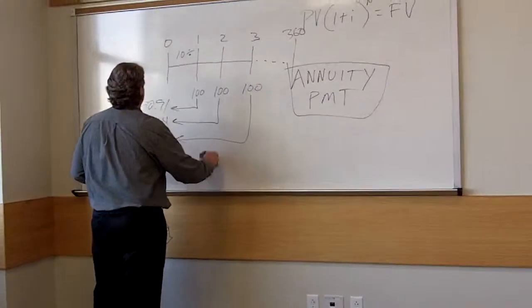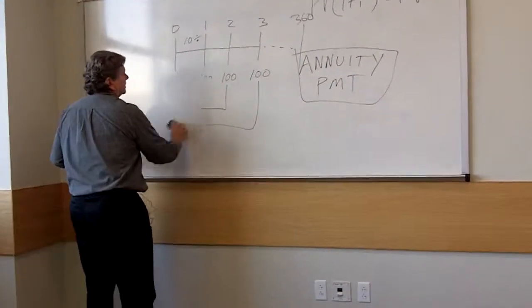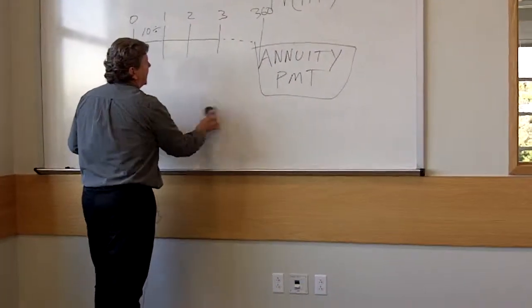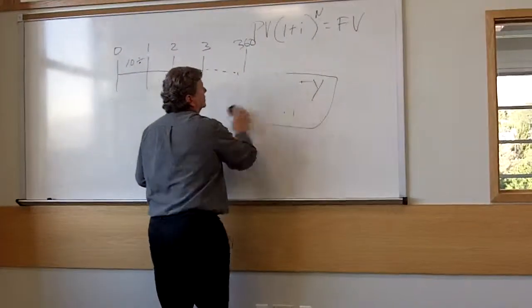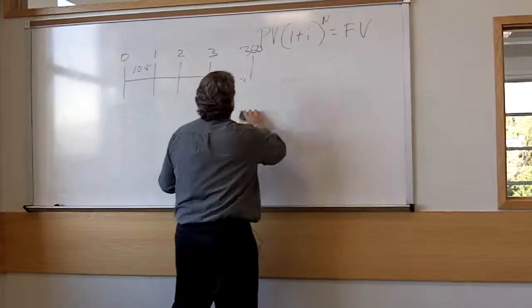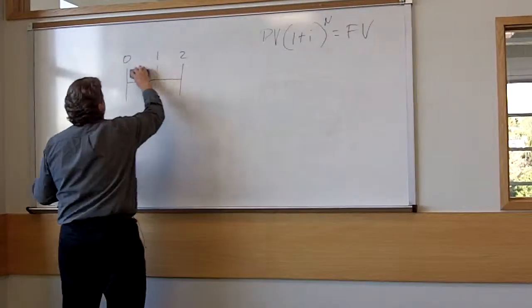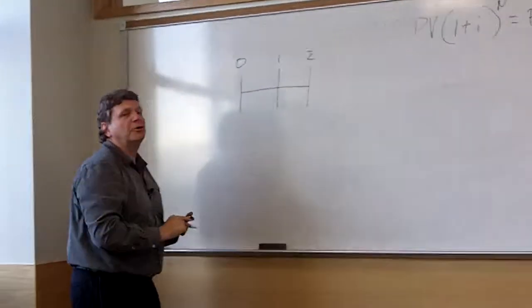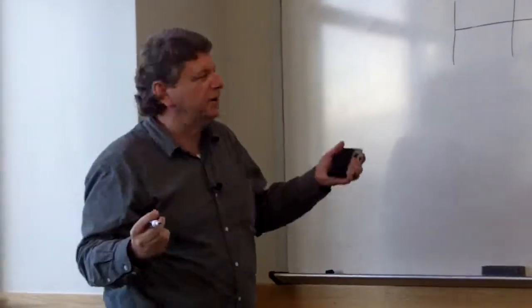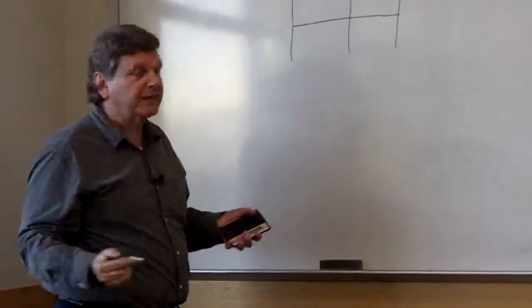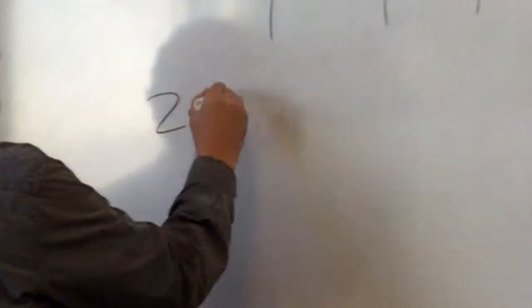Okay, let's do something a little different. Let's figure out the payment on your home mortgage. Let's suppose you're borrowing, let's say, $200,000 today.